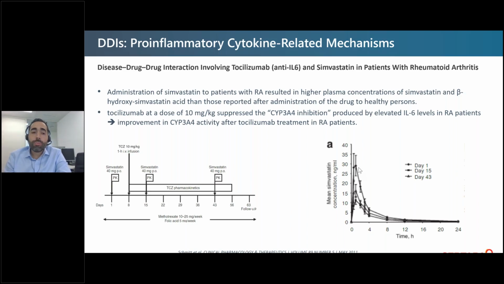However, after repeated treatment with tocilizumab, we have a modulation of the expression of the CYP, and you can see that the simvastatin levels decrease because we are restoring a normal expression of CYP3A4. So this is not an induction, not an inhibition, but we are modulating the expression of CYP3A4.